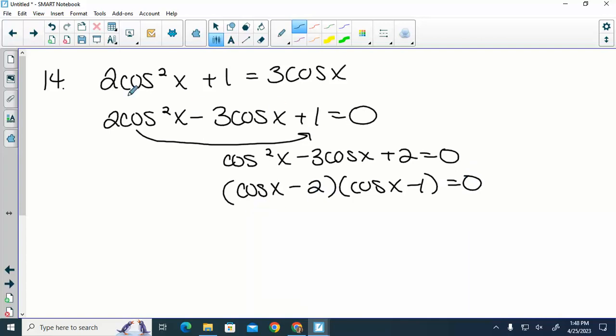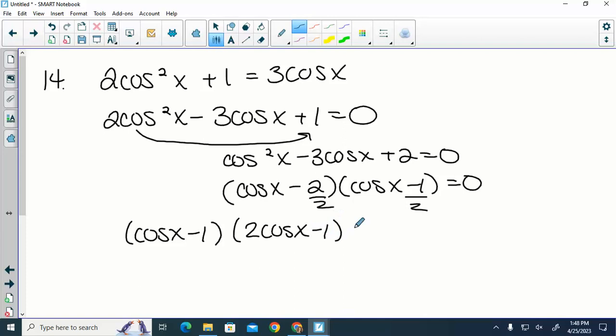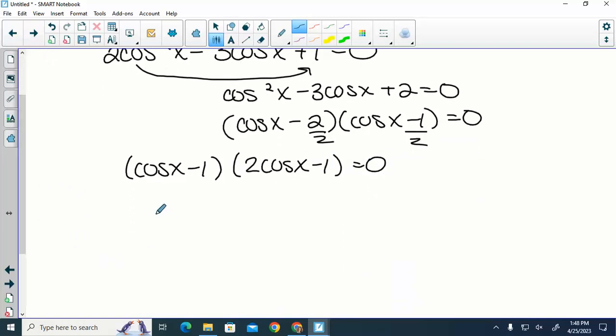Okay, but then we start out multiplying by 2, so now we divide those by 2. Now what do we do? Okay, so set those equal to 0 and you get cosine to equal positive 1 or positive 1/2.